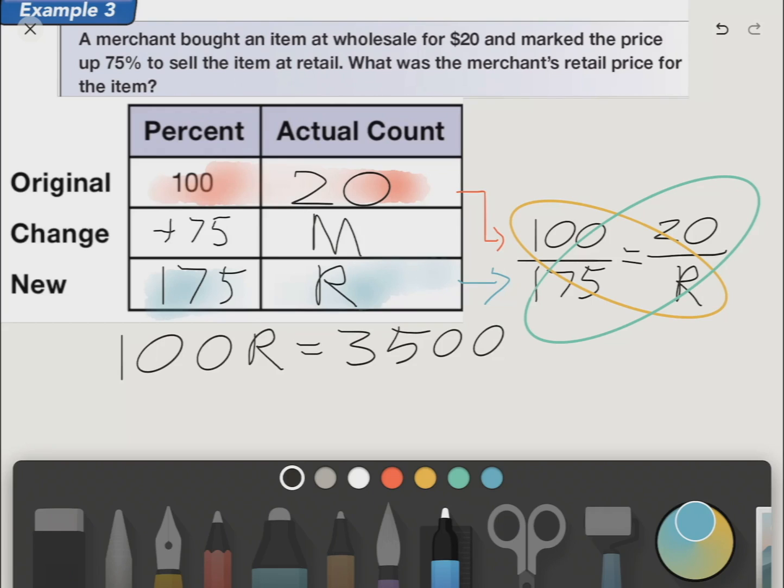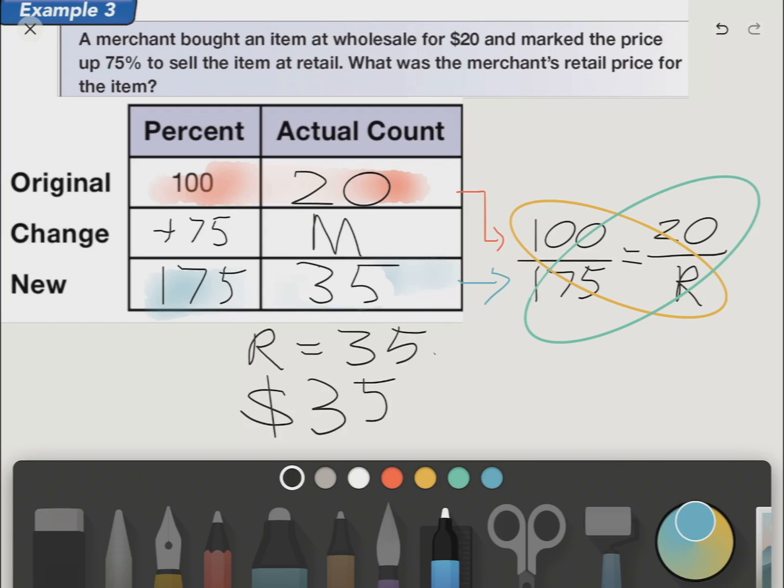And, well, we just need to divide each side by 100, which means erase 2 zeros from here, erase 2 zeros from there. Gets us R equals 35. Or the new price is $35. Yeah, don't think I didn't notice that $35 keeps on coming up, doesn't it?